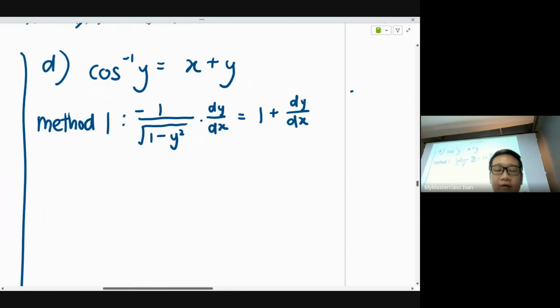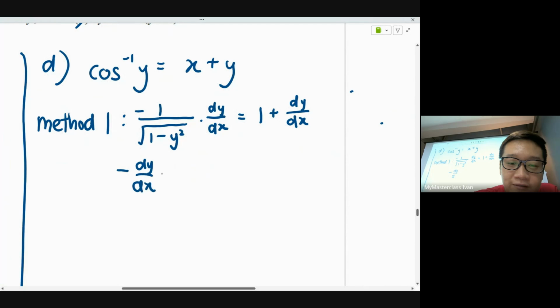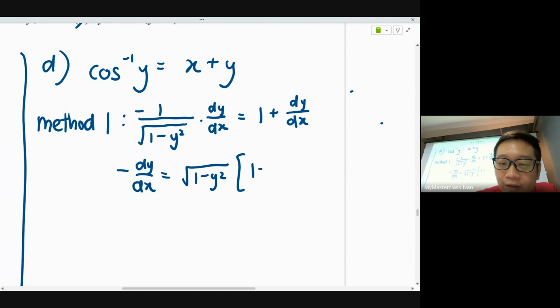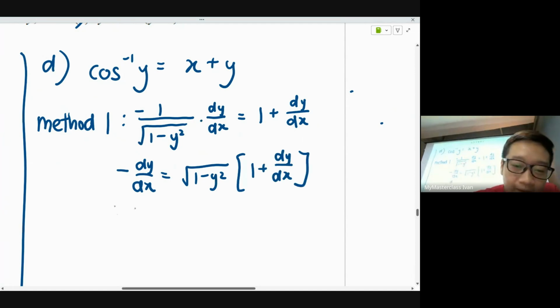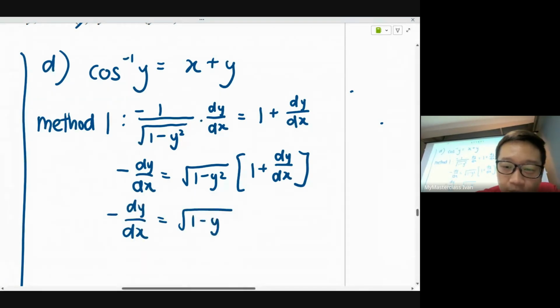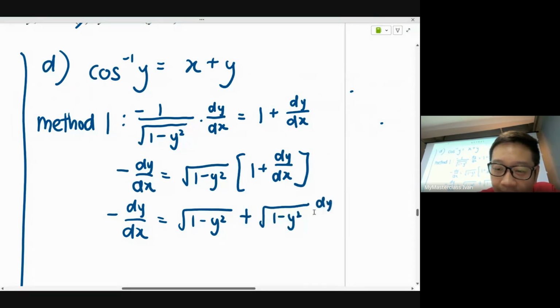Okay, so this kind, where there's a fraction like that, very complicated, so it's best to cross multiply over first. Minus dy dx equal, bring the square root 1 minus y square over 1 plus dy dx. Minus dy dx equal square root 1 minus y square times 1 plus square root 1 minus y square dy dx.